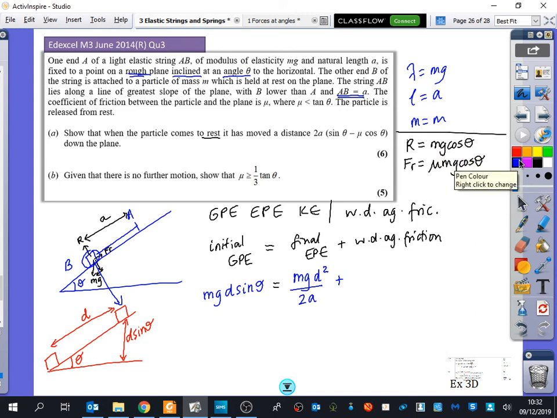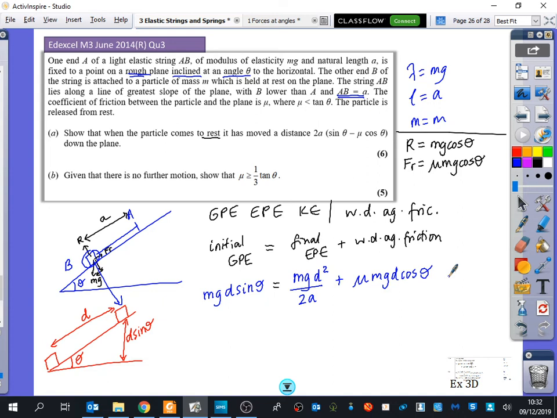We don't know what mu is. Everything is unknown in this question. So the work done we have against friction is the friction times the distance that it's moving, and we've named the distance it's moving as d. So we get plus mu mg d cos theta.